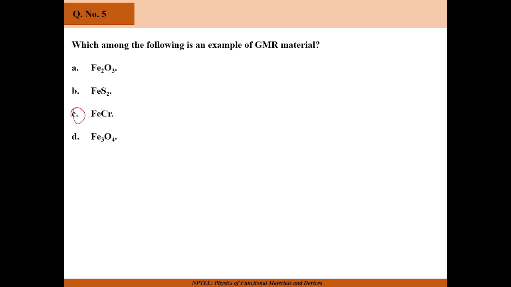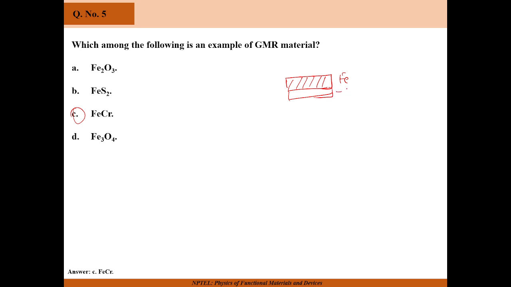This leads to a significant change in the resistance. We are talking about magnetoresistance, so there is a significant change in the electrical resistance. It's not any other resistance, basically the electrical resistance experiences a change. So the material is a layered material, and we have a layer of iron, and a layer of chromium.